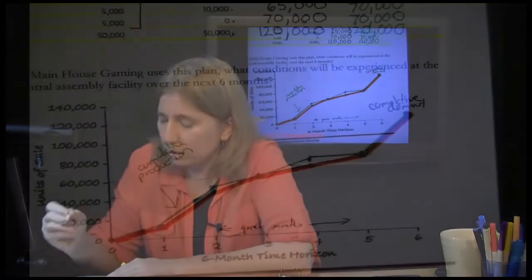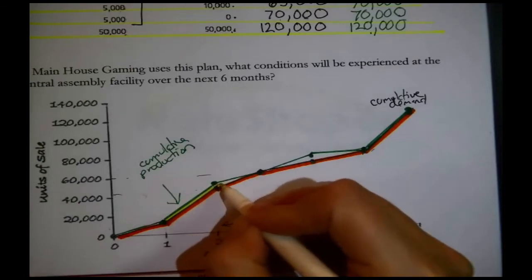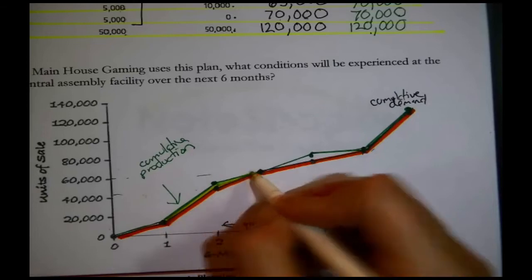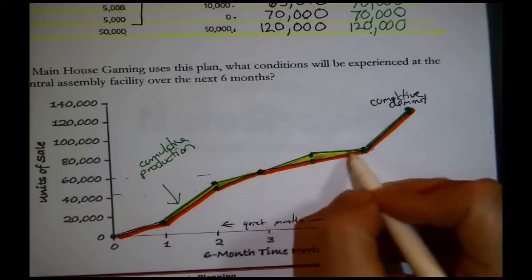All right. And this was a means of assessing that plan so that we could make some smart commentary on what the conditions will be over the next 6 months. Yes, actually, one of the things, see, I'm picking a contrasting color of ink, that I'm interested in is these gaps, and they're not very big. There's a gap in here between the two curves that I drew, right in here and right in here.